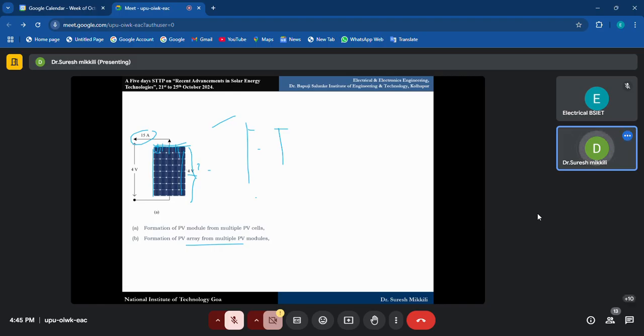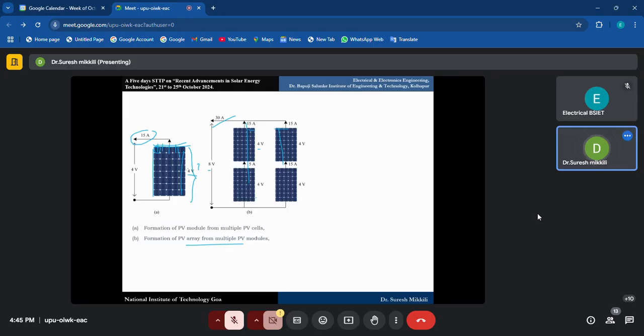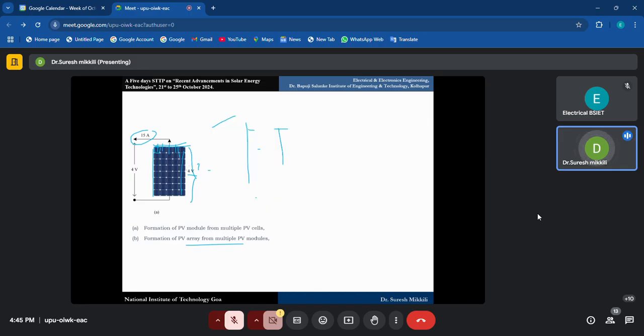See, here each cell is 0.5 volts. Total voltage is 4 volts. So how many cells are required? 4 by 0.5, 8 cells I have taken. Now here I have 34 volts of total voltage. One cell voltage is 0.7 volts. So all the cells are to be added.